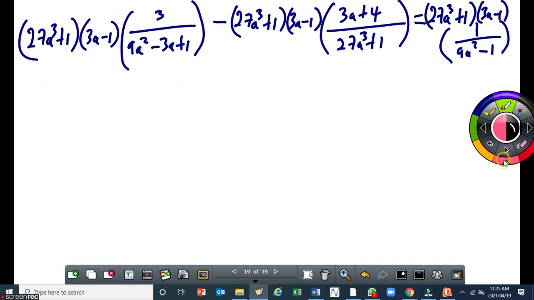So let's eliminate the denominators. I'm sure you can agree with me that this one here is a factor of that.